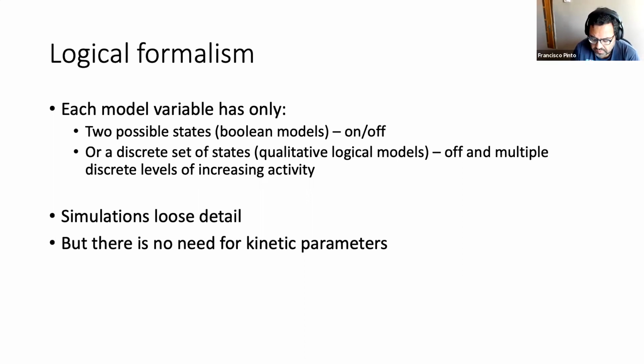So the consequence is that instead of considering, for example, for a protein, the concentration of that protein in the cell, we are only going to know if that protein is active or inactive. So the simulations lose detail. Now the simulations only allow us to follow through time which proteins or which genes get active or are inactivated along time.